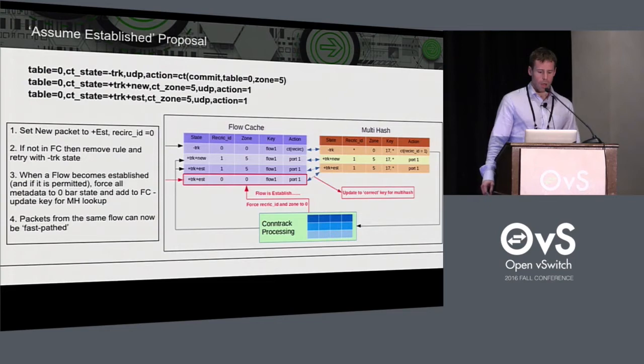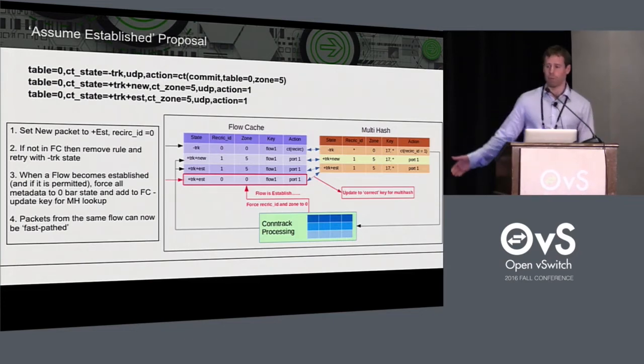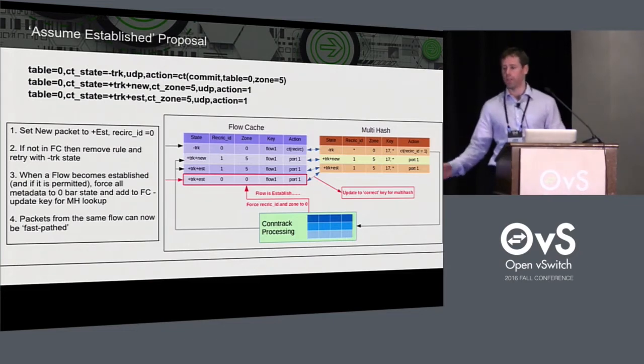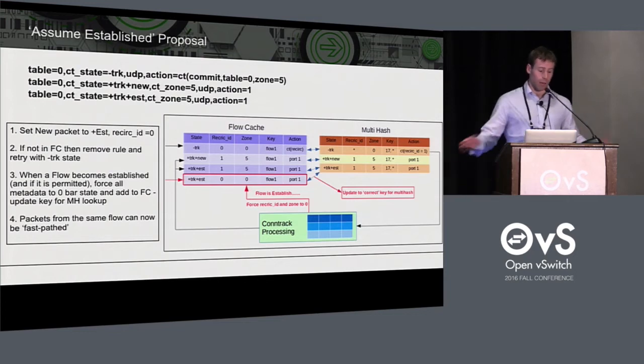But with this proposal, the Conntrack processor tries to determine if a packet has now moved to an established state, and we can also indicate with flags and rules whether it's legitimate to do this. There are situations where we can't do it. For example, in a double recirculation, where if we try to do this, we could have basically infinite loops.